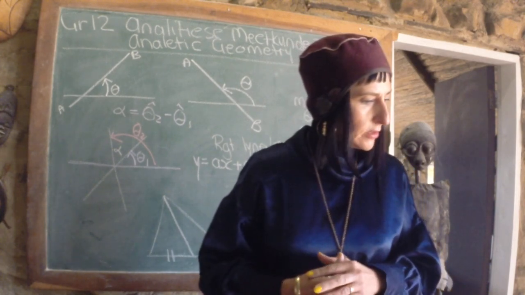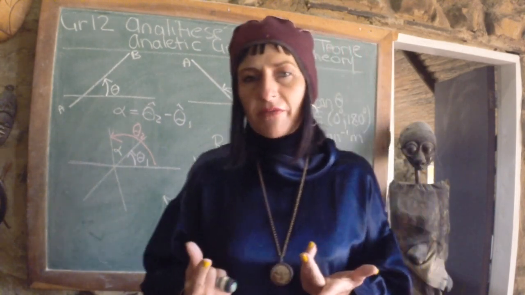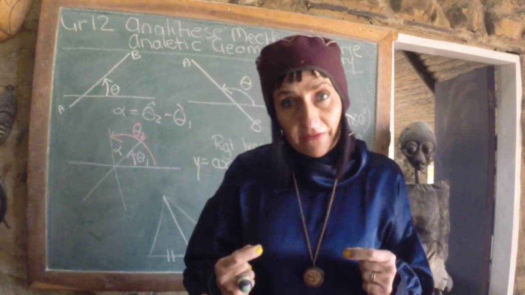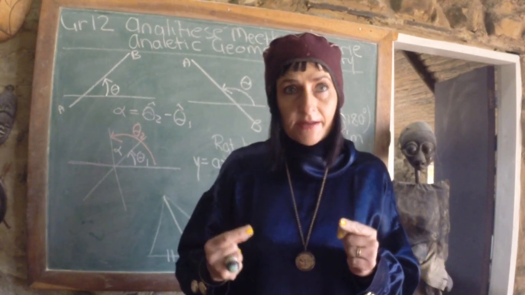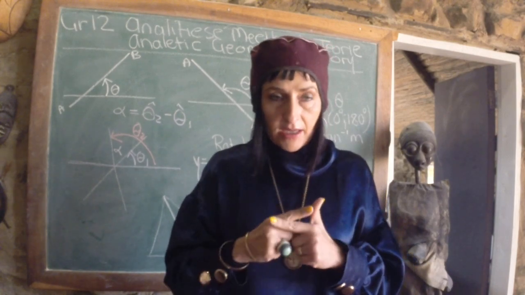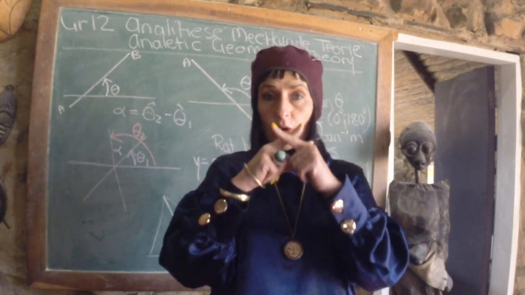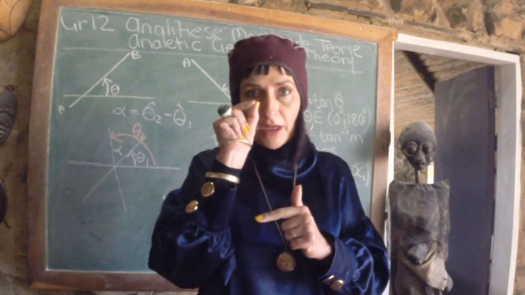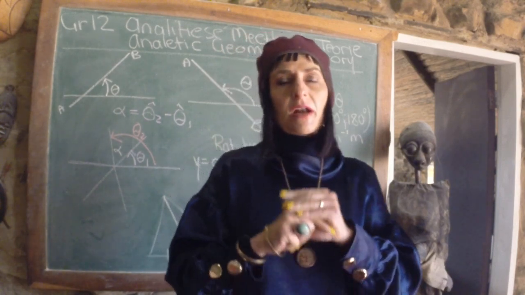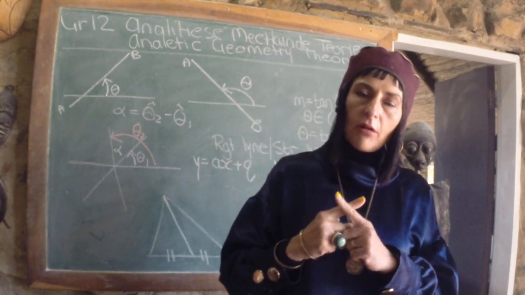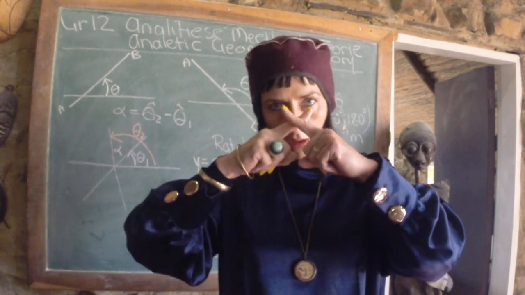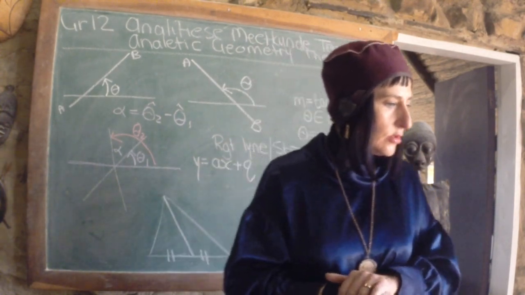Parallelogram te bewys, die hoeklyne halveer mekaar. Goed, hoe kan ons 'n ruit bewys? Om 'n ruit te bewys, that's a rhombus, you prove that the diagonals half each other, and where they half each other, it must form a 90-degree angle. So om 'n ruit te bewys, diagonale halveer mekaar, en daar waar hulle mekaar halveer, maak dit 'n 90 grade hoek.